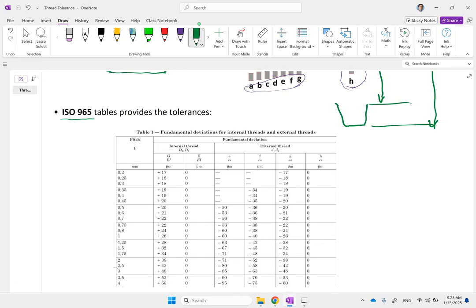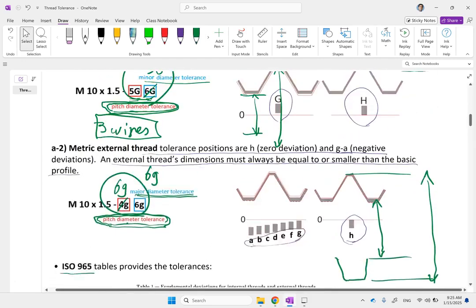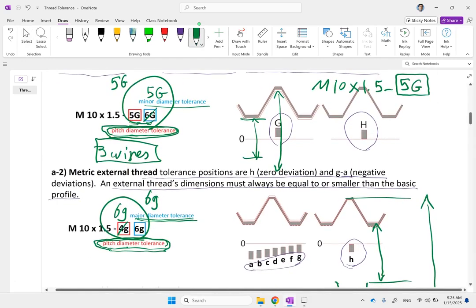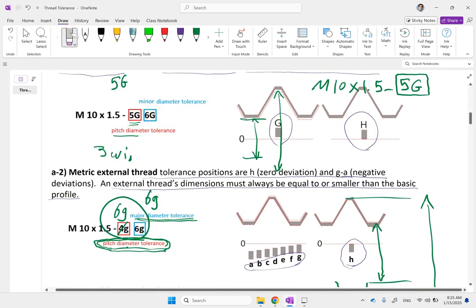So here, if you look, for instance, for an internal thread and then location G, if the pitch is 1.5, you go down and you find 1.5, and you see for 1.5, the amount of displacement from the nominal size is plus 32. Okay, so if it was this example that we did, 5G or 6G, let's work on this example here.